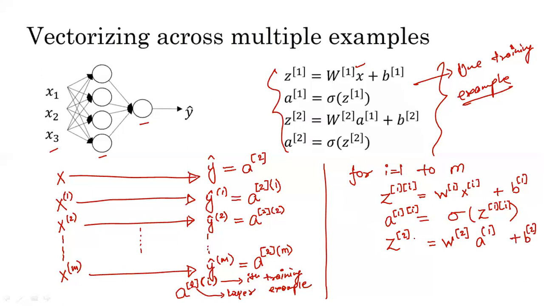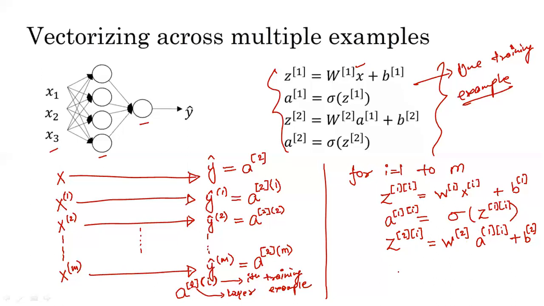This is the same equation written over here, and now I need to put the i's here, since we are writing it for the ith training example.